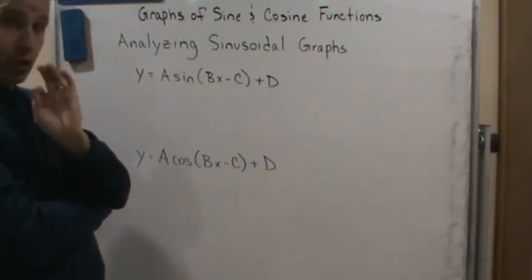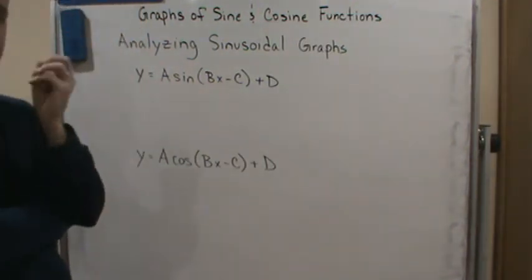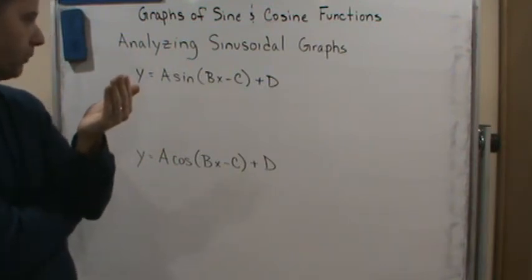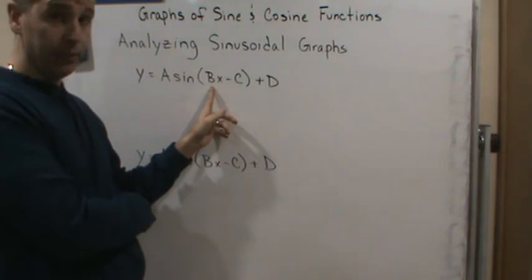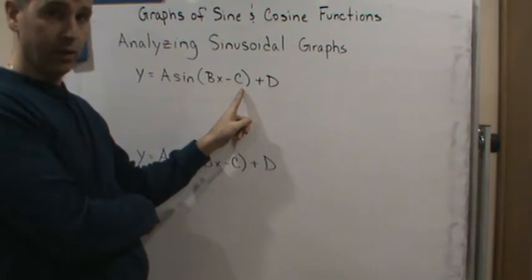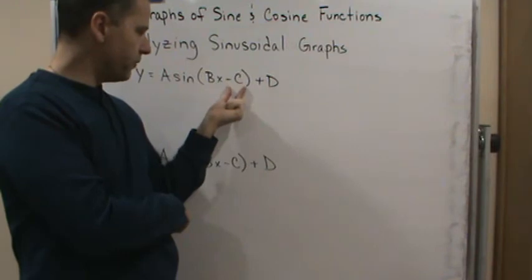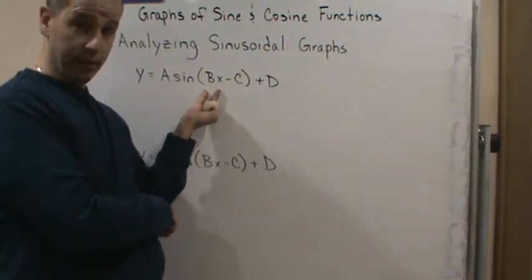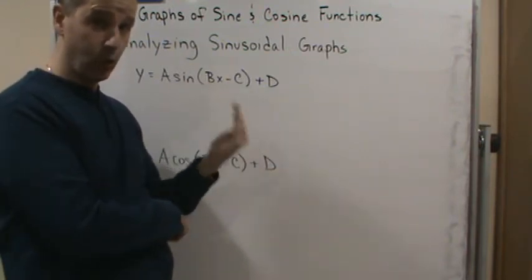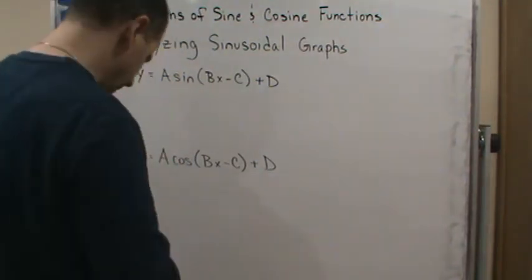So what we have to do is rewrite this inside so that it becomes clear what the shift is going to be. Because if b is anything other than 1, then it's not going to be just considering that this is a shift. Now again, you could take this piece by piece and say, okay, it's a shift to the right, and then you can do the compression. But if we can rewrite this, it's going to be a lot easier to graph because we'll be able to get all the information in one number. Okay, so let me explain.